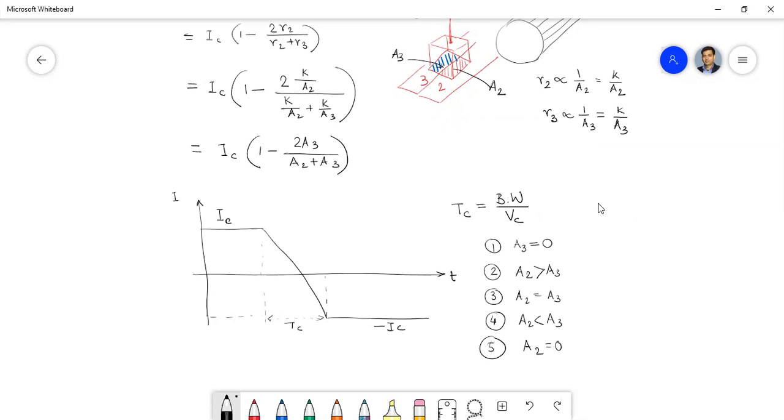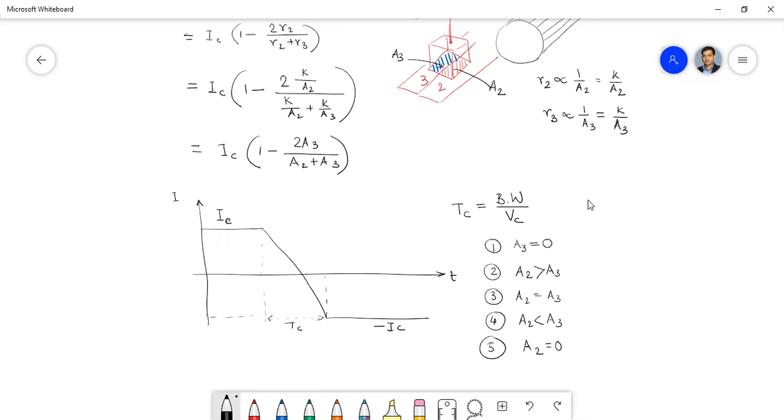Now in the next instant, when the brush has moved slightly towards segment 3, only a small portion of commutator segment 3 will be in contact with the brush, so that is less than the contact with A2.